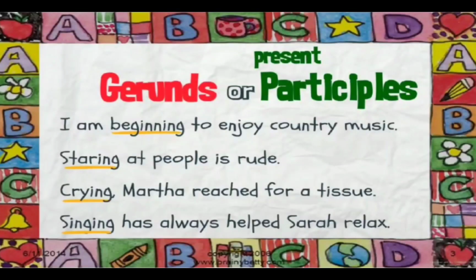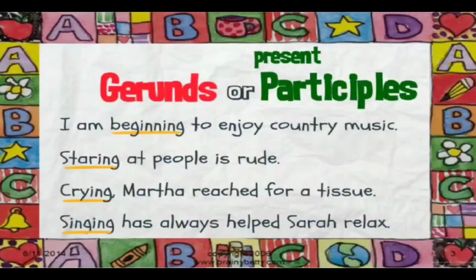To check whether you have understood how to identify a gerund, a present participle, or an adjective, let's look at these ing verbs underlined in yellow, and we shall see if you are correct. I am beginning to enjoy country music.